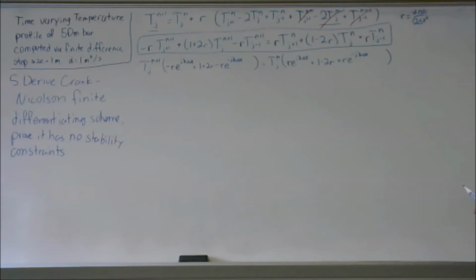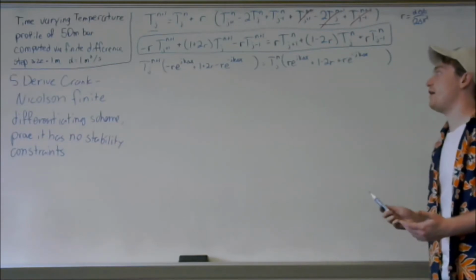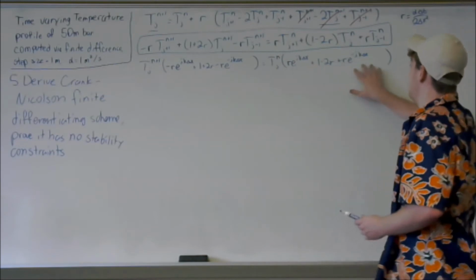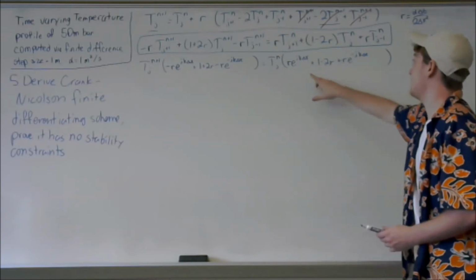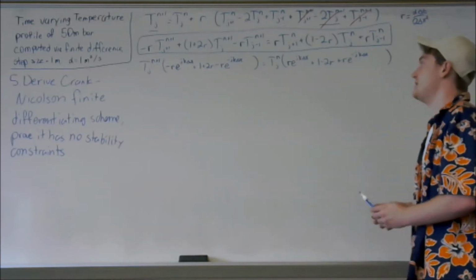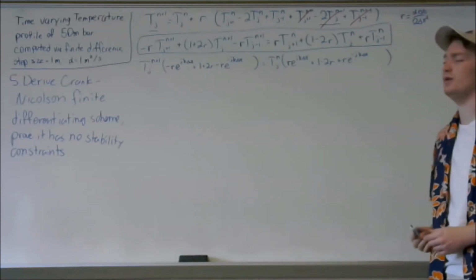Now if we keep going and we reference back to when we were doing this before, we had an i k delta x and a negative i k delta x, and the sine values that had the imaginary number attached to them canceled out.